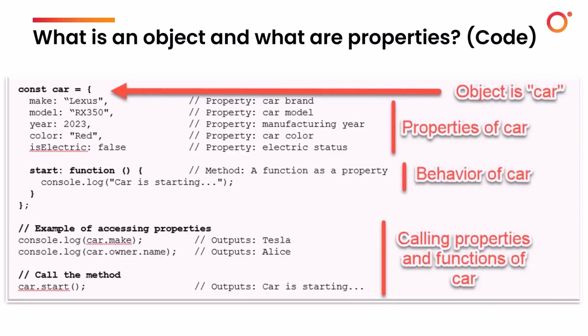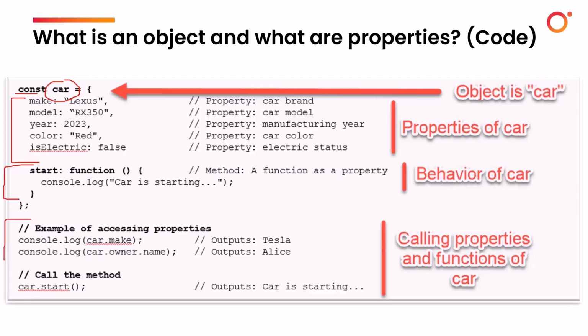If you were to translate that into some actual code, we could see it looking something like this. You declare your car. In this case, it's a constant, but it could be a class. And then you see that there are properties that are contained in that class. So you have the make, model, year, color, etc. The behaviors can be captured with functions.